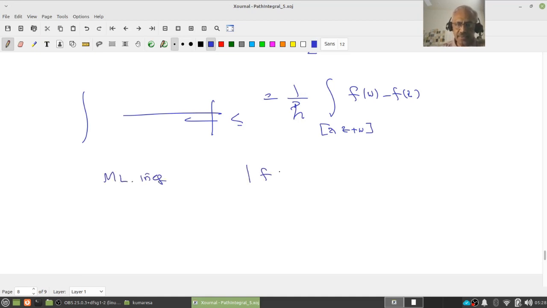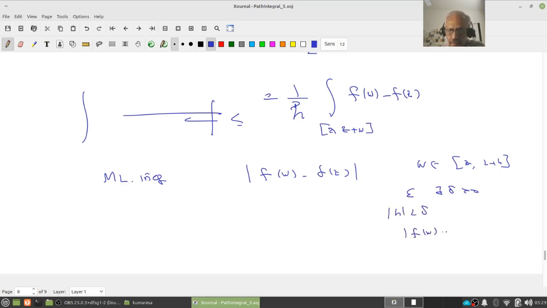That means I have to estimate f of w minus f of z for w in the segment from z to z plus h. But what do I know about f? f is continuous on all of U, in particular at z. Therefore, if you give an epsilon, there is a delta positive such that if mod h is less than delta, f of w minus f of z is less than epsilon.